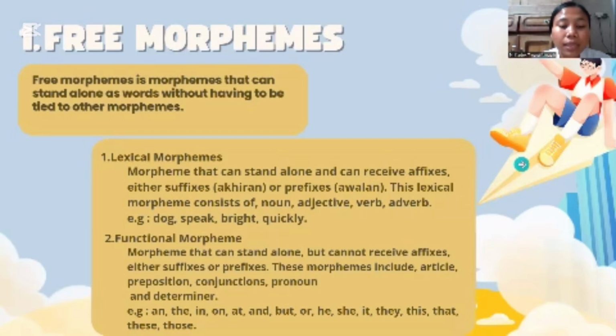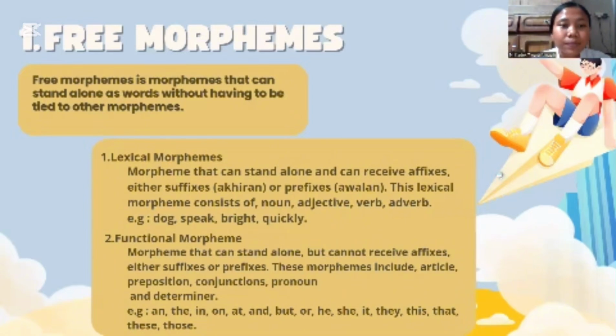For conjunctions: and, but, or, while, etc. For pronouns: he, she, it, they, we, etc. And then the last is determiners, for example that, these, those, and so on. So that is the functional morpheme.